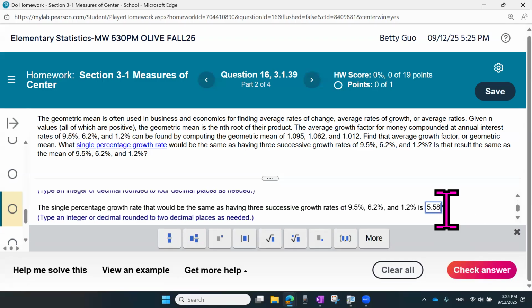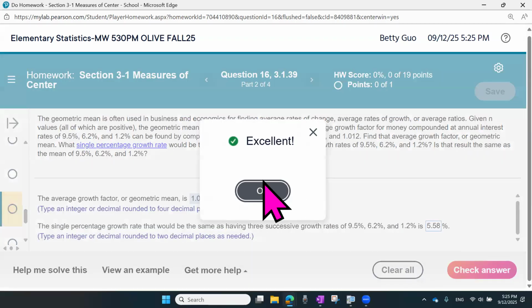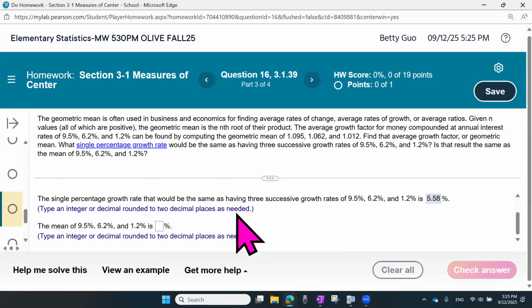The percent sign is already attached. You don't have to type the percent sign in the cell because it's already there. Okay, check the answer. Next part, the mean of 9.5%, 6.2%, and 1.2% is.